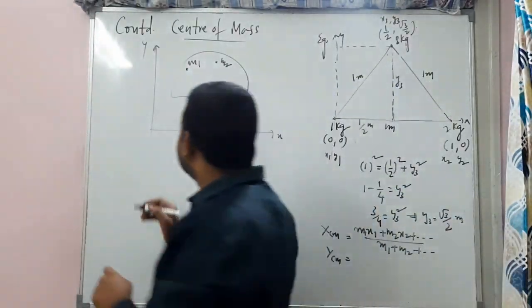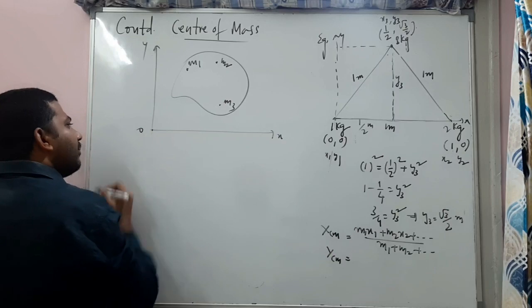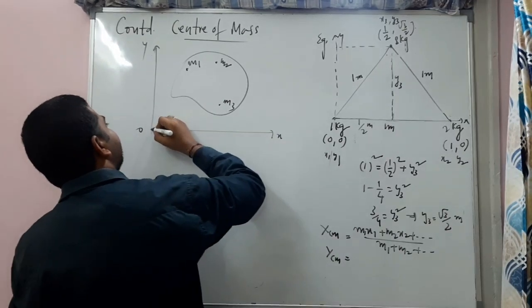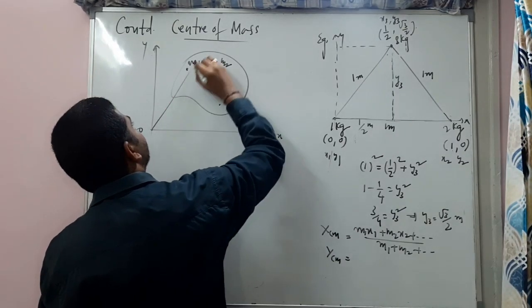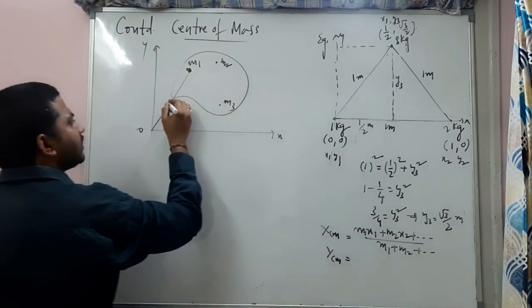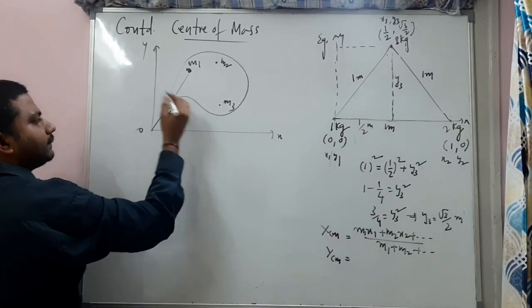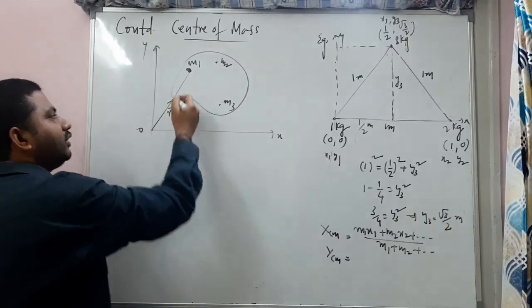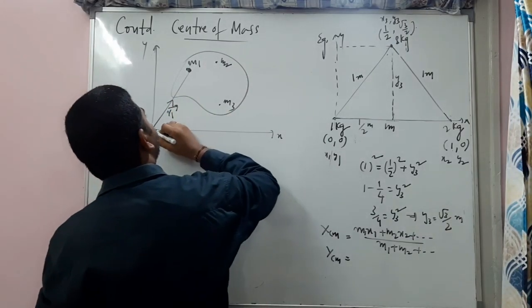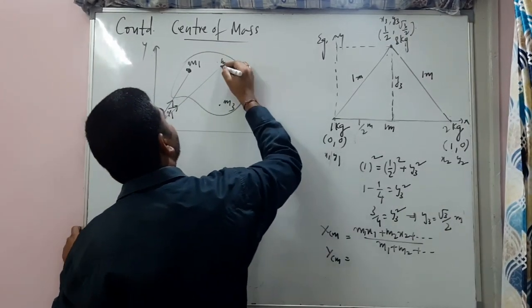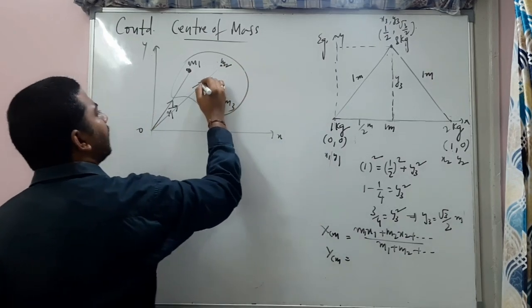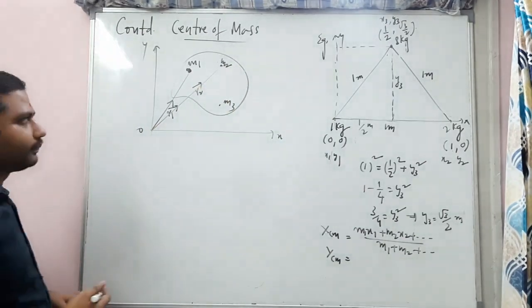From the origin, the position of the first mass can be represented with a position vector. Look at here. This is my first mass, R1 bar. From the origin, the second mass is represented with R2 bar, the position vectors I am talking about.